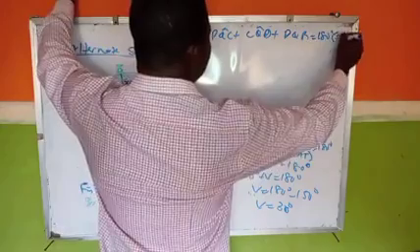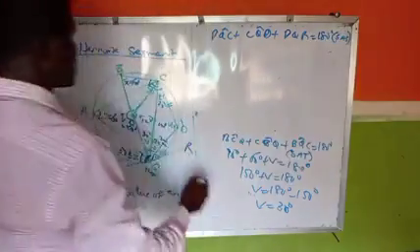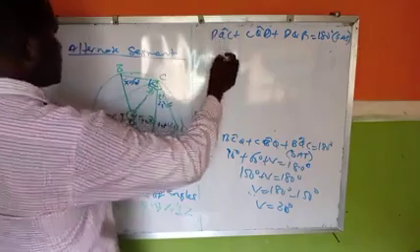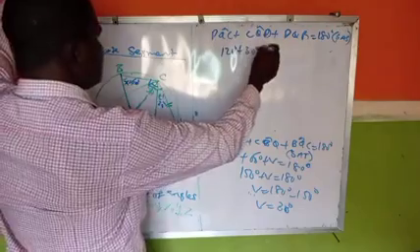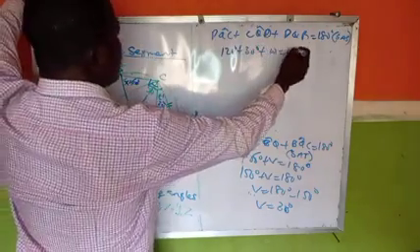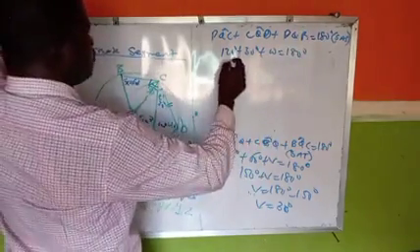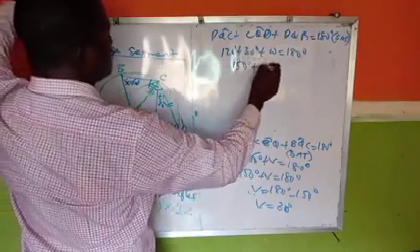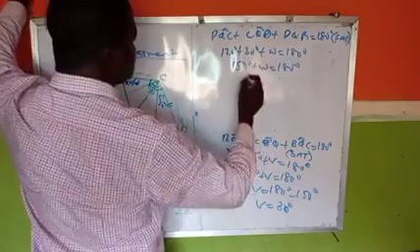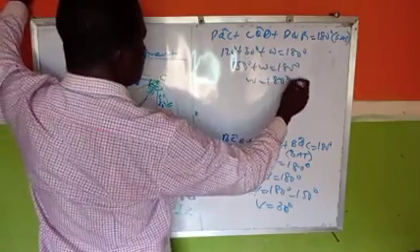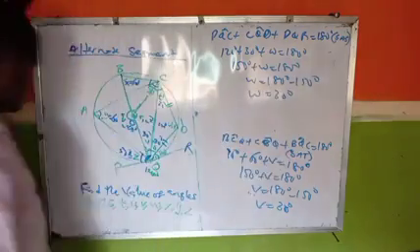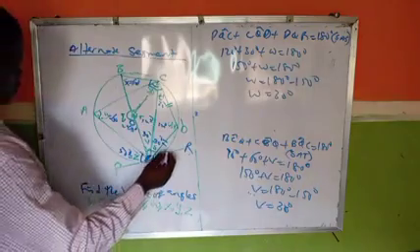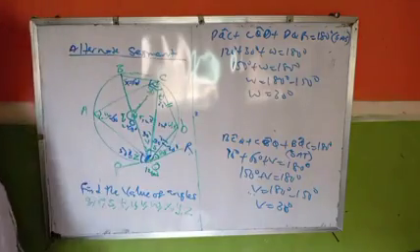That's sum of angles on a straight line. So angle Q, you have 120 degrees plus 30 degrees plus W equals 180 degrees. So 150 degrees plus this equals 180 degrees. So W equals 180 degrees minus 150 degrees. That's 30 degrees. So this place also is 30 degrees.